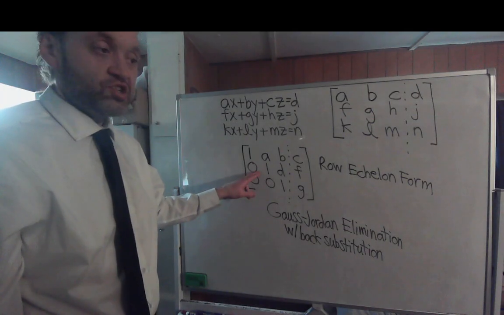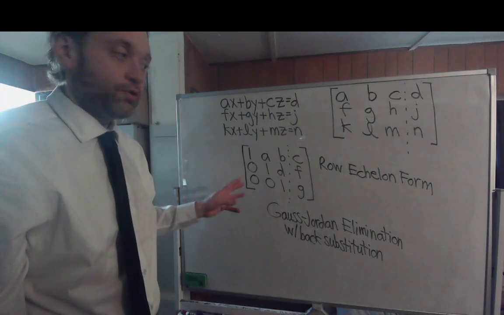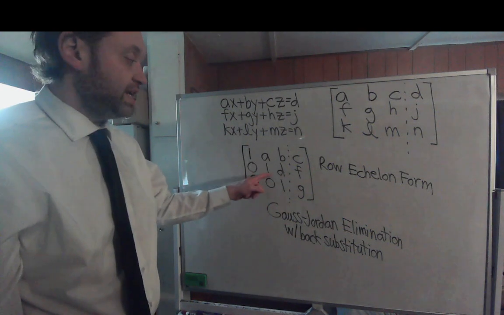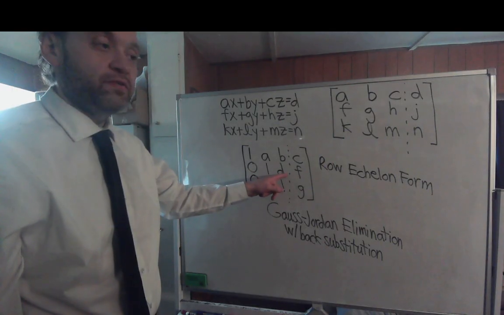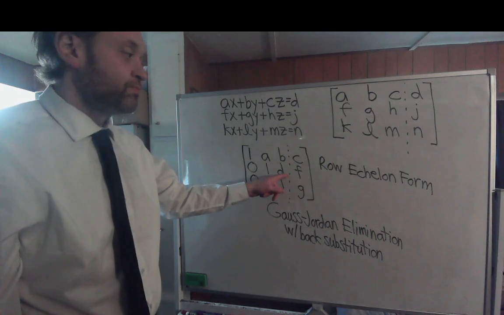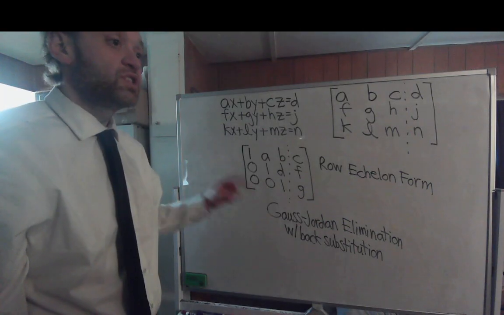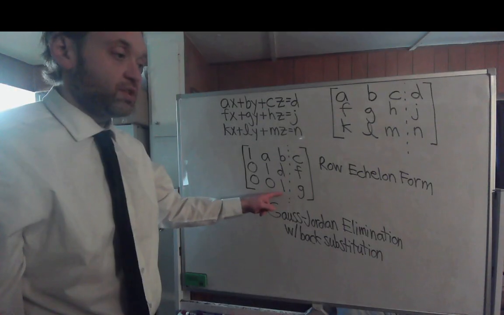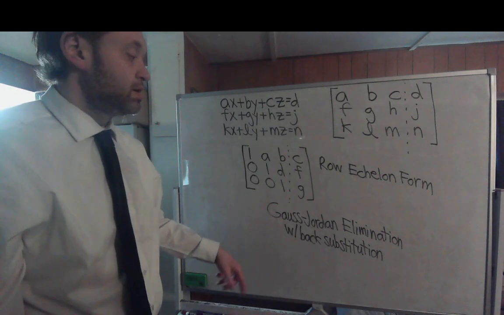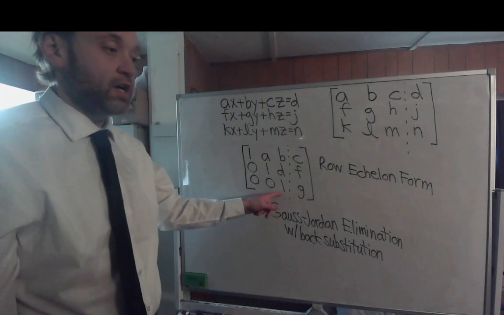But the first digit in your second row should always be 0, and then the leading digit in the second row should be a 1, and then you could have whatever coefficient on the z variable. Then in the third row, your first two digits should both be 0, and then the leading digit in the third row should be a 1, which would denote the value of your z variable.